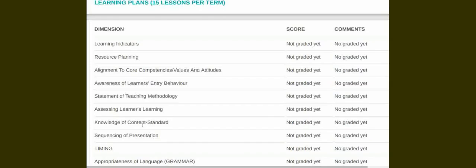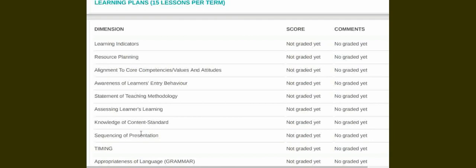So let's do well and be abreast with what we are teaching, to be in the know with the topic we are about to teach. We need to research extensively and exclusively on the topic so that we'll be able to produce it in the lesson notes.